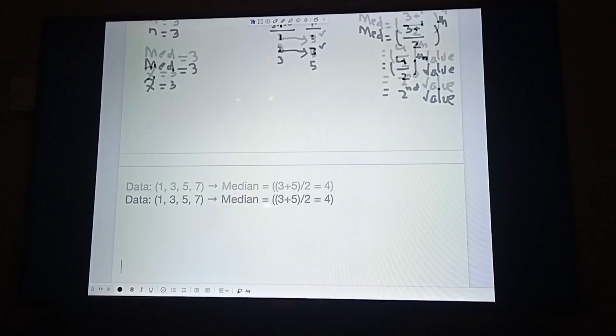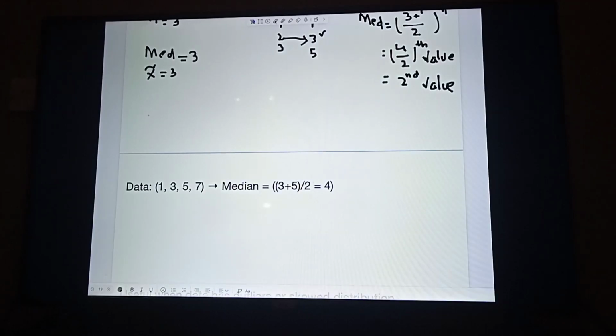So in this case, n is equal to 4. 1, 2, 3, 4, where 4 is an even number. Now arrange them, as it is already arranged. So we will write serial number.